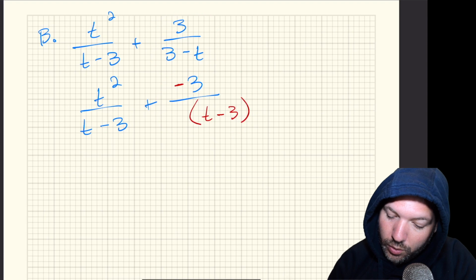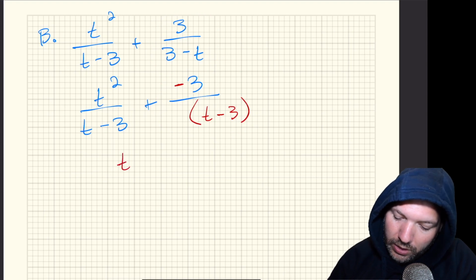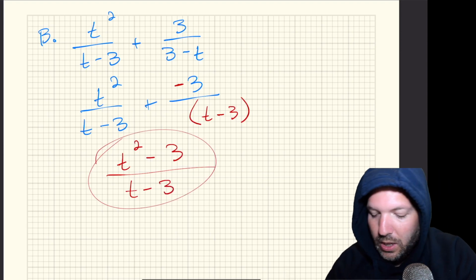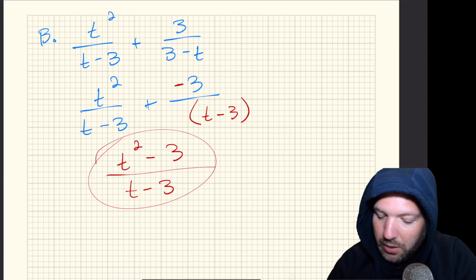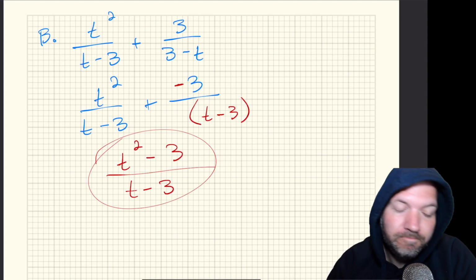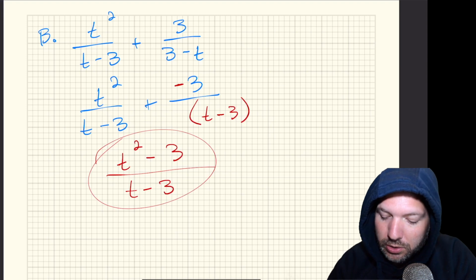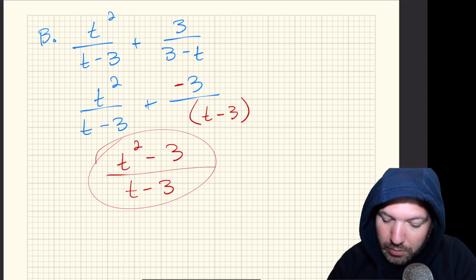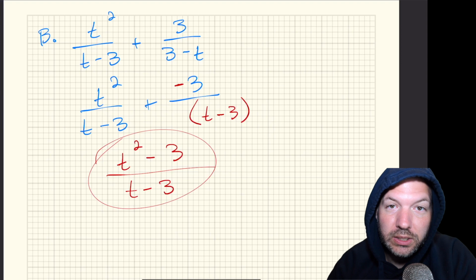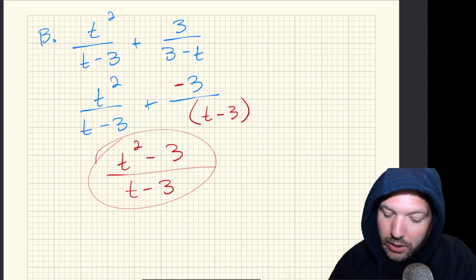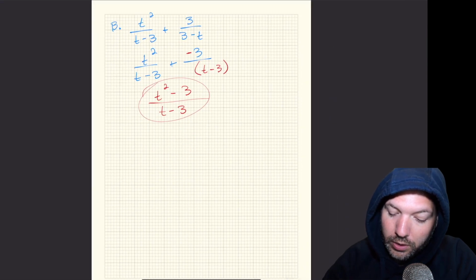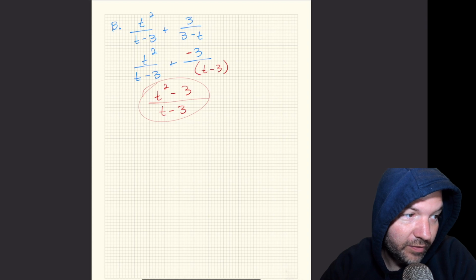This and this are equivalent. And so then we get t squared minus 3 as our new numerator over t minus 3. Much as it looks like these would cancel out, maybe it leaves something like t. No. There's no factoring we can do here, at least not with integers. And the minus signs mean that we can't just randomly cancel things out that look like they should cancel out. So that is that for Check Your Progress 5b.